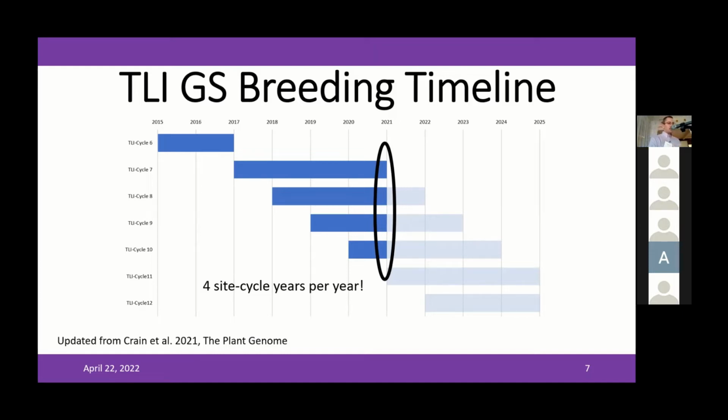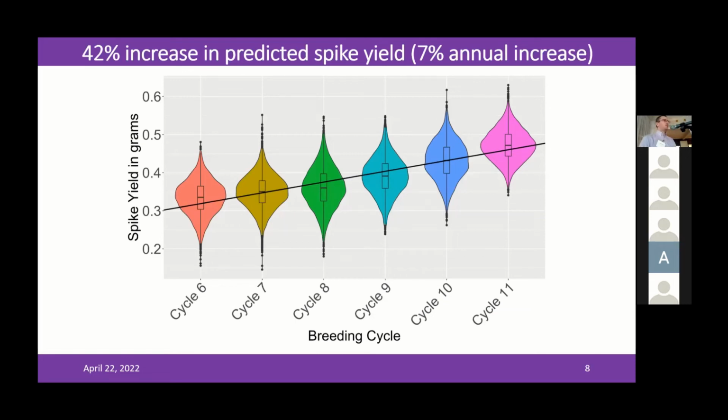So just looking at this, how has genomic selection been performing? This graph on the x-axis has our cycles going across from cycle 6 to cycle 11. The y-axis is the predicted spike yield for the 4,000 plants that are genotyped.